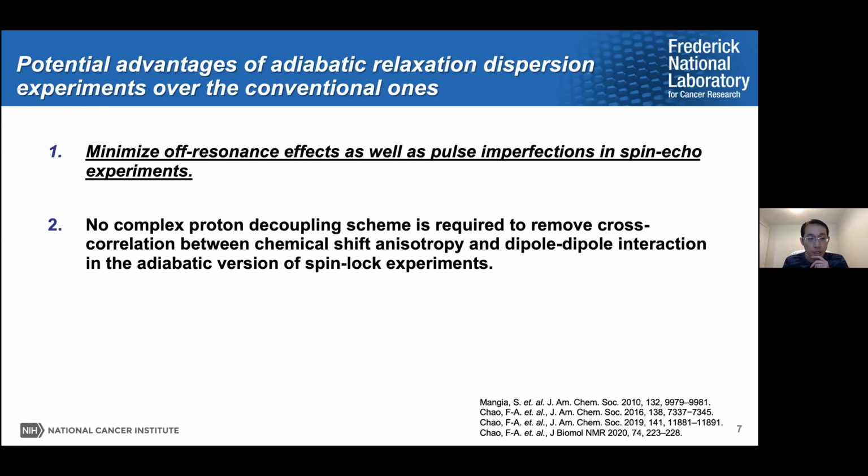So there are several other advantages over conventional experiments. I cannot list all of them. I just give you some potential benefits of using this type of experiment. So when we tried to implement this technique on different spin systems, we found out we don't need a complex proton decoupling scheme to remove the famous cross correlation between CSA and the dipole-dipole interaction, which has been a potential issue in the non-adiabatic version of spin lock experiments, and is well documented in the literature.